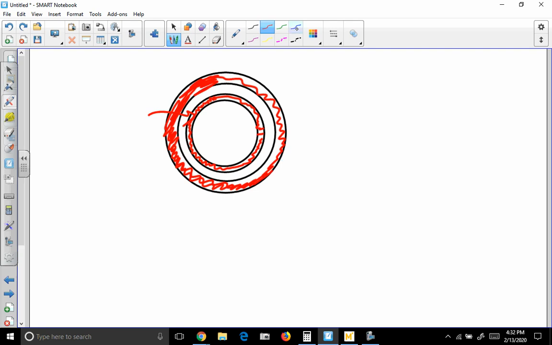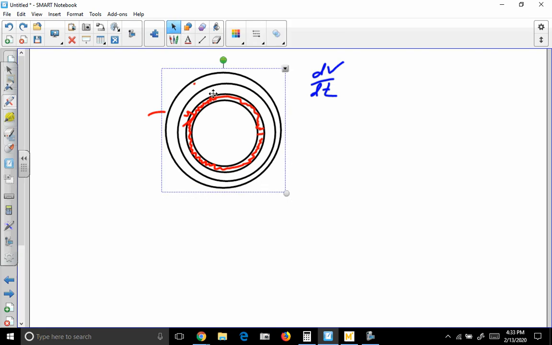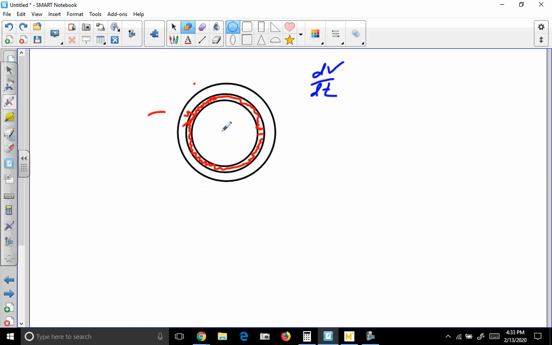But normally what happens when you're airing something up is your volume is changing at a constant rate. So in order for our volume to change the same amount as this, our radius would only be changing just a little bit.